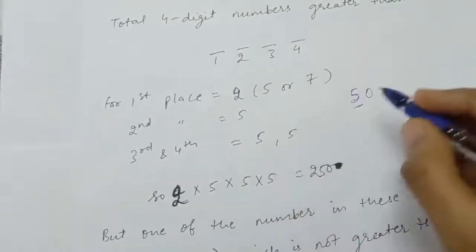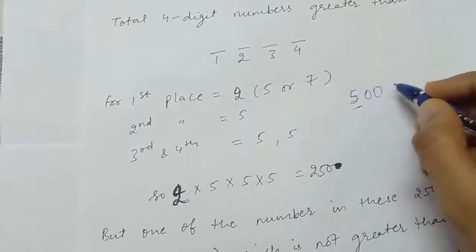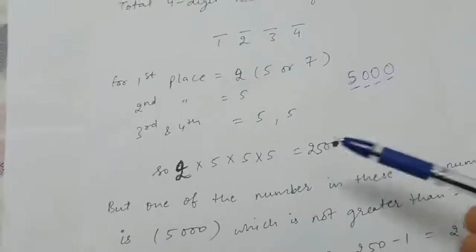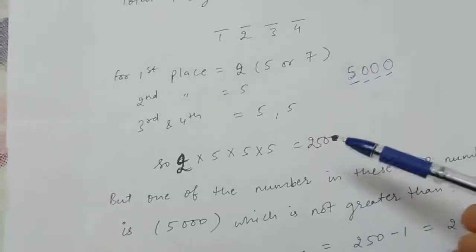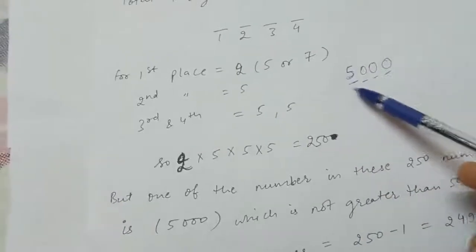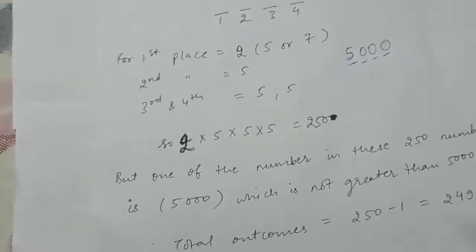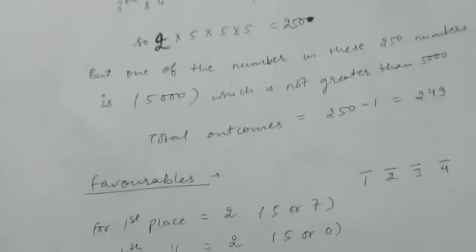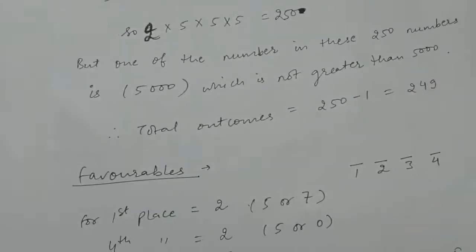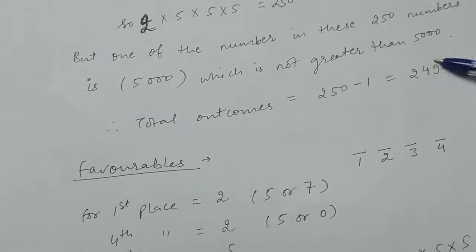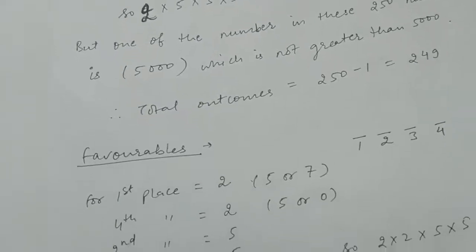Again for the third place, any of the 5 digits, so I can select 0, and then again I can select 0, right? So in these 250 cases there is one case which will make the number 5000, which is not greater than 5000. Therefore from the total outcomes we have to subtract that one outcome. Therefore total outcomes now are 249.